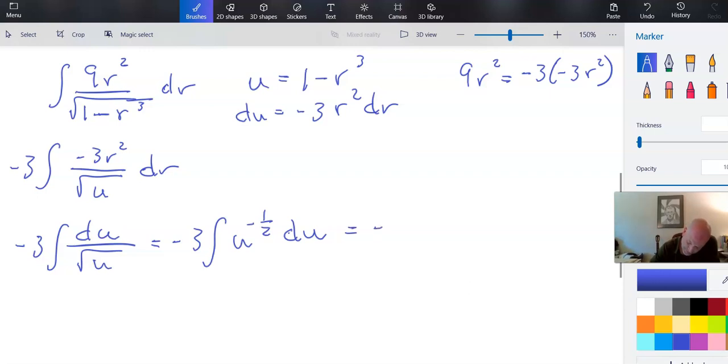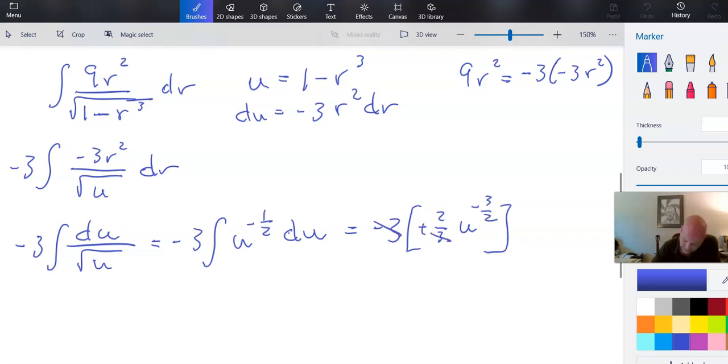This will be negative 3, that's for the outside. And then the integral of this is u to the negative, oh, excuse me, 2/3. It'll be negative 2/3 u to the negative 3/2. Right? So we can cancel that out.